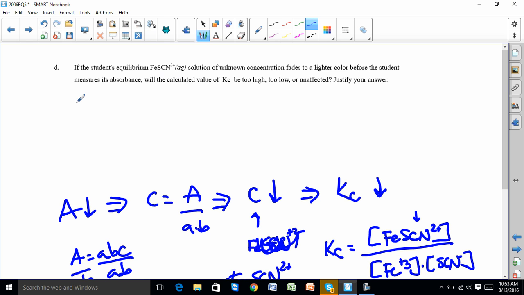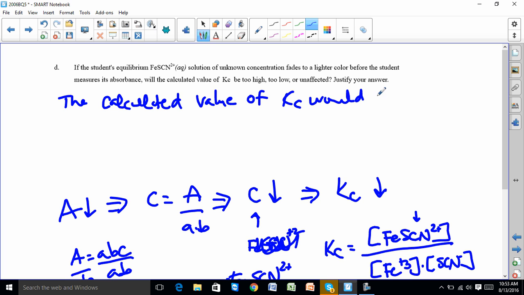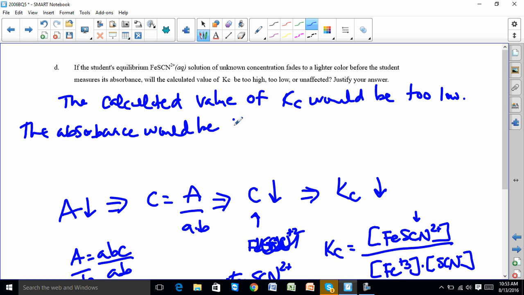Now here is my answer to the question. First question, you answer the question. The calculated value of Kc would be too low. Now here's how you justify it. The absorbance would be too low.